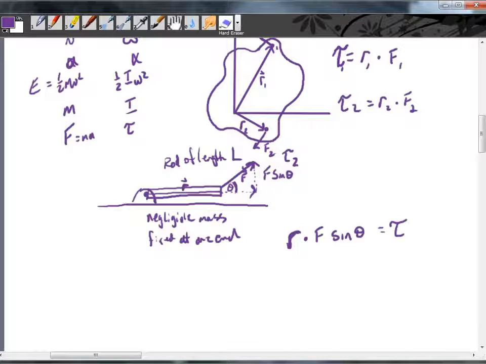And this becomes our torque equals R cross F. This is our first vector cross product, and I'll probably give you a lecture on that to watch over break for our vector product.